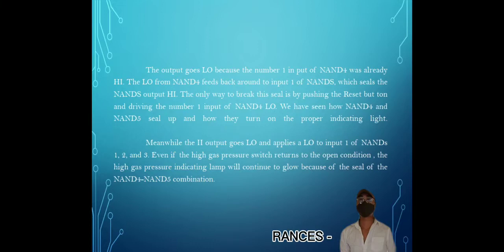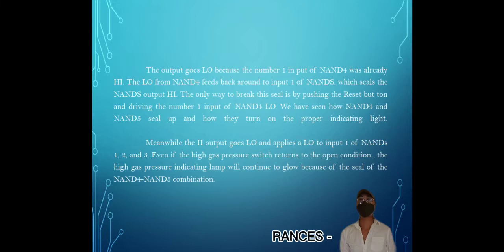The LO from NAND 4 feeds back to the input of NAND 5, which seals its output high. The only way to break the seal is by pushing the reset button, driving the number 1 input of NAND 4 LO. We have seen how NAND 4 and NAND 5 seal up and how they turn on the proper indicating light.